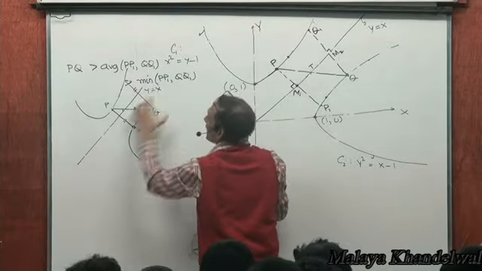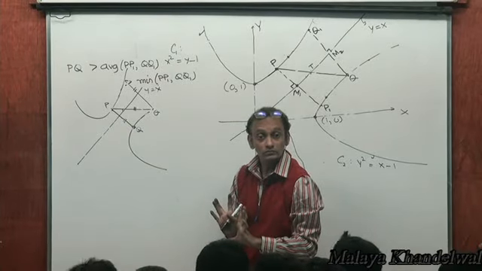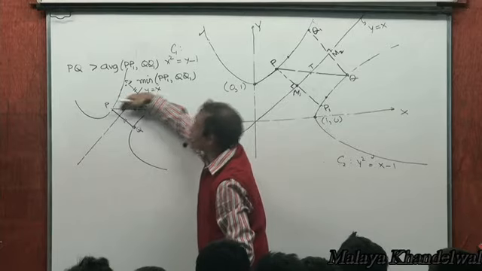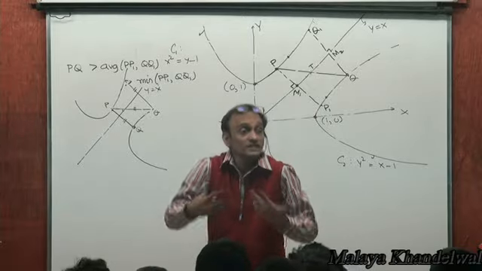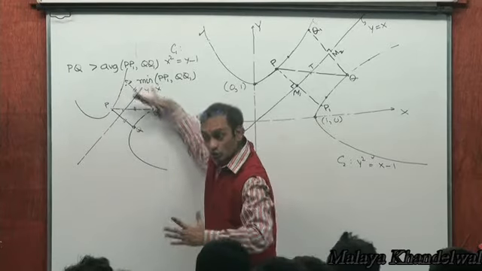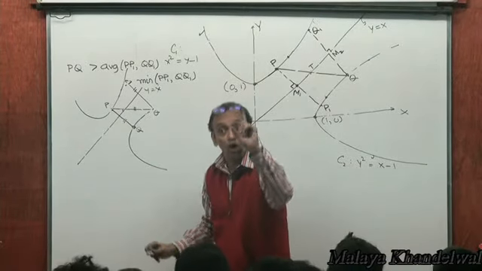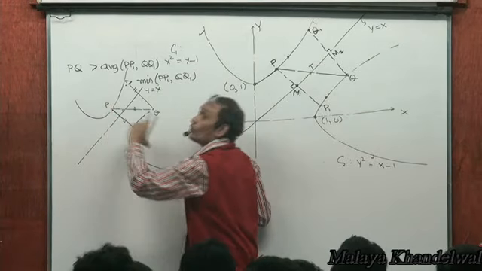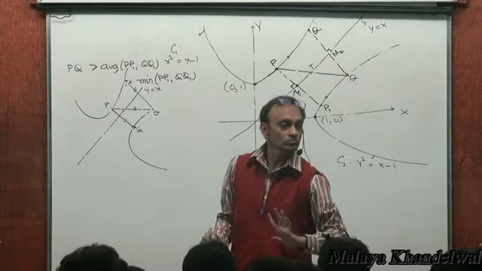That means, in no case of all the PQs will the inclined PQ be the smallest. If there is a PQ which is the smallest, then that PQ must be perpendicular to y equal to x. Of all the PQs that one could create, a PQ which is perpendicular to y equal to x will be the smallest PQ. Yes or no? Right?